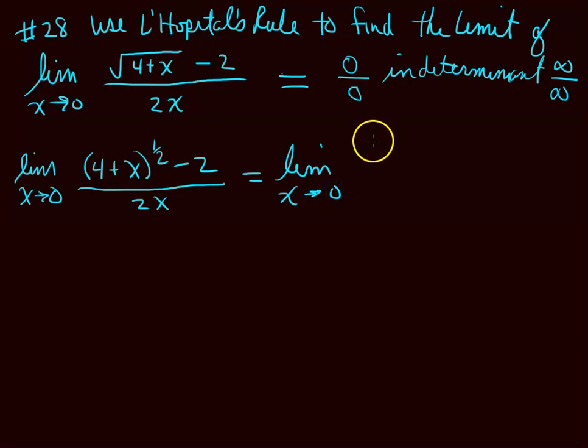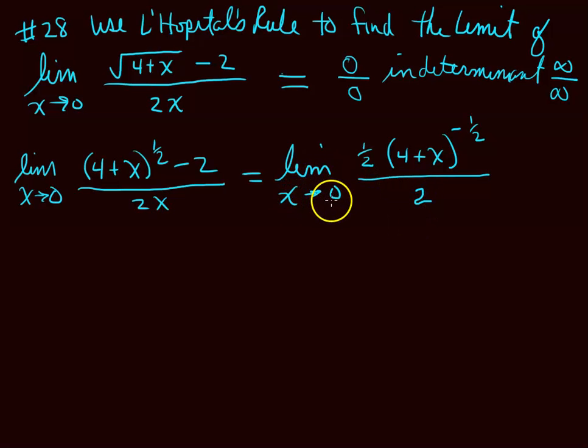The derivative is 1/2, remember you bring that up front, 4 plus x, subtract 1 from the exponent, so it's a minus 1/2, and the derivative of a constant is always 0. Over the derivative of 2x, which is just 2. And then you check it again.